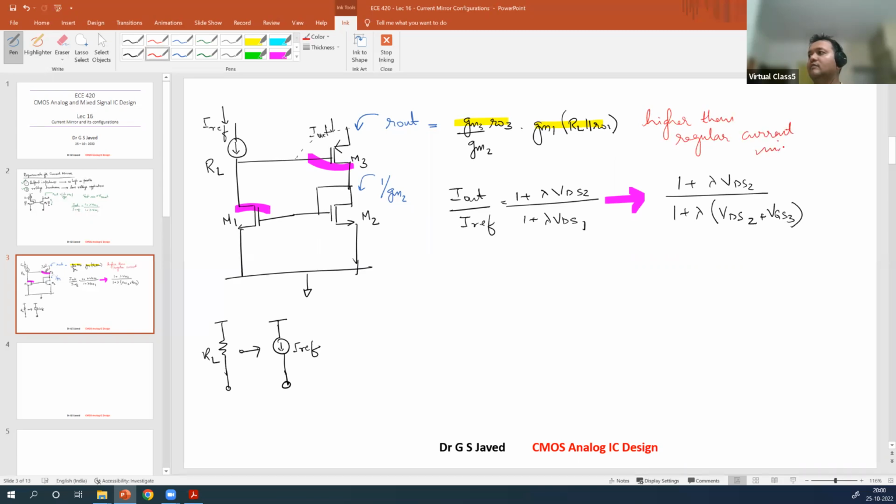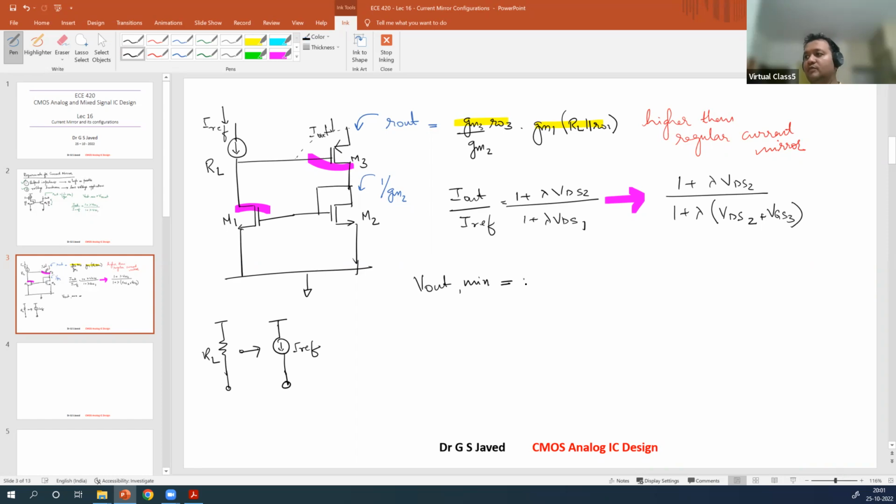Right? Next, we will see what is the V out min. So let us see what is the V out min. The V out min will be given as VDS3 plus VGS2 or DS2, either one you can call it.